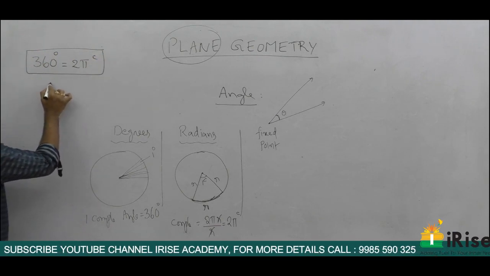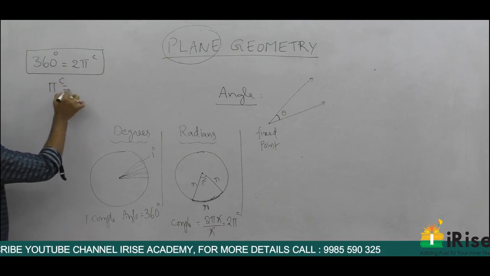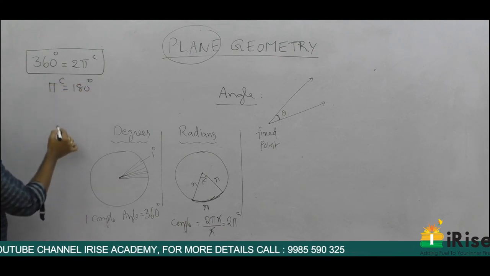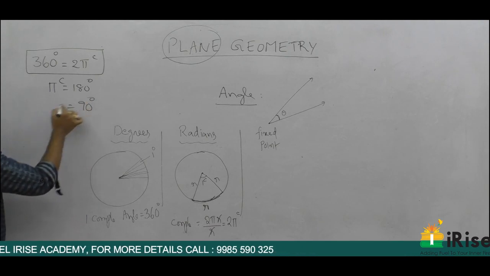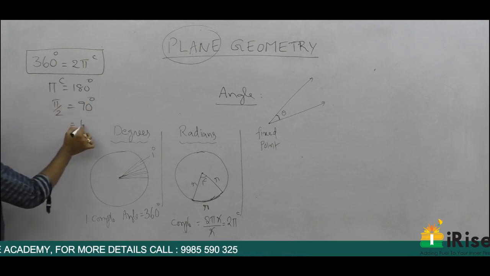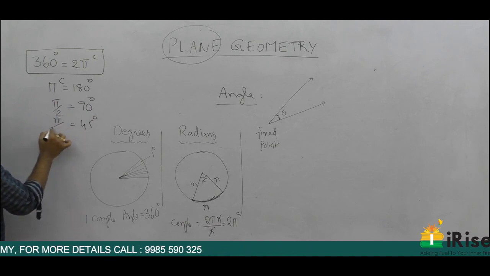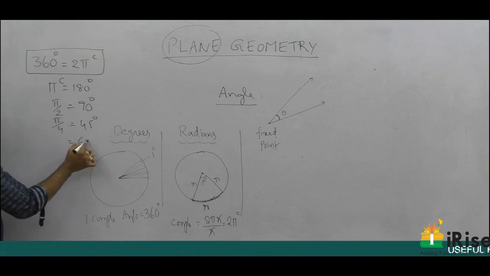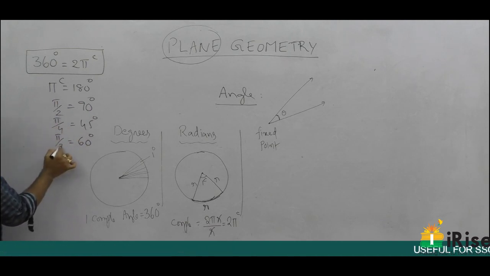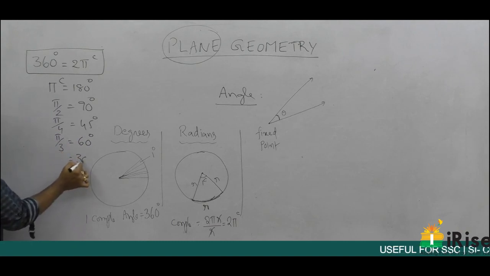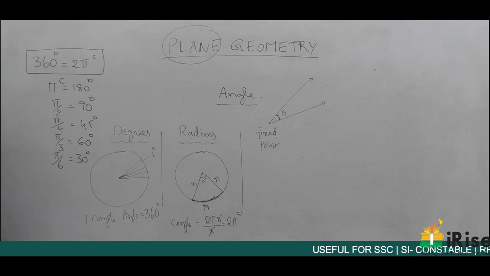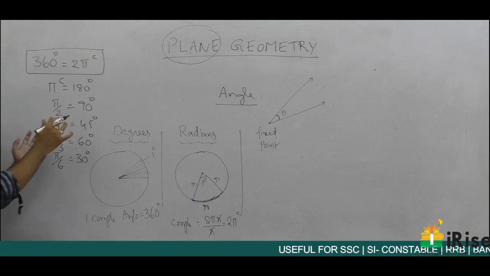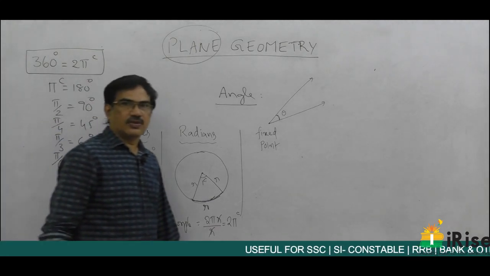Therefore, pi radians is equal to 180 degrees. 90 degrees is equal to pi by 2. 45 degrees is equal to pi by 4. 60 degrees is equal to pi by 3. 30 degrees is equal to pi by 6. So this is conversion from one form to the other.